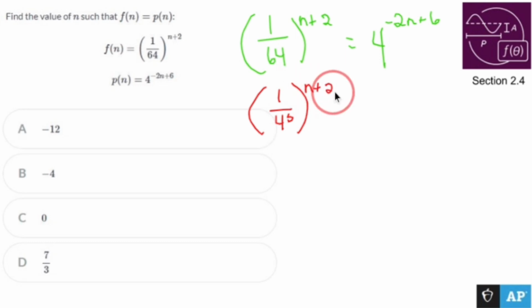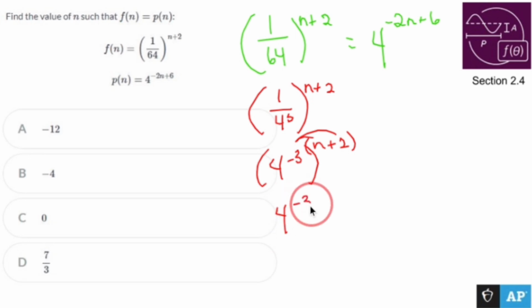I can rewrite 1 over 4 cubed as 4 to the negative third times n plus 2. Whenever you have an exponent to an exponent, multiply the exponents. In this case, that requires you to do the distributive property. So 4 to the negative 3n minus 6.